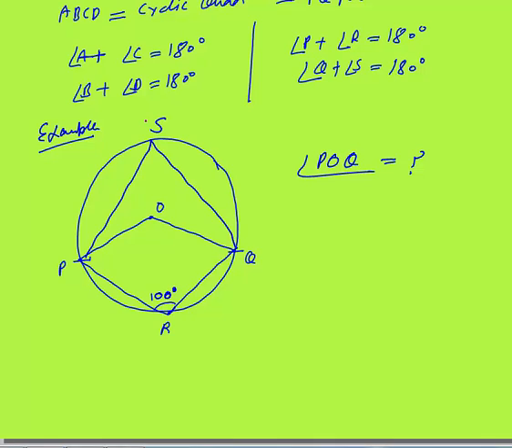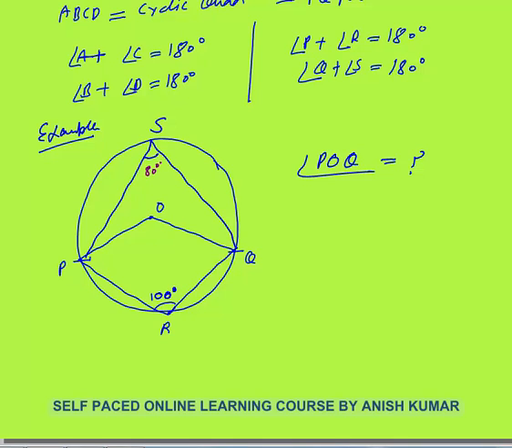Now we know that PRQS is a cyclic quadrilateral, and we just discussed that in a cyclic quadrilateral the sum of opposite angles is 180 degrees. So this angle will be 80 degrees.